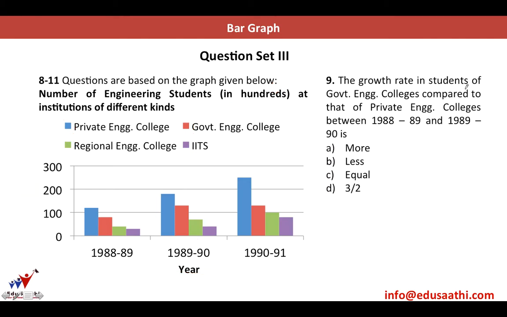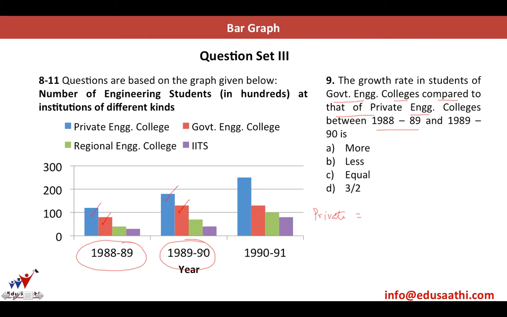The growth rate in the students of government engineering colleges compared to that of private engineering colleges between 88-89 and 89-90. So I have to consider these 2 years, and I have to consider government colleges, which are shown by this red graph, and the private engineering colleges, which are shown by this blue graph. Let us first check for private engineering colleges.